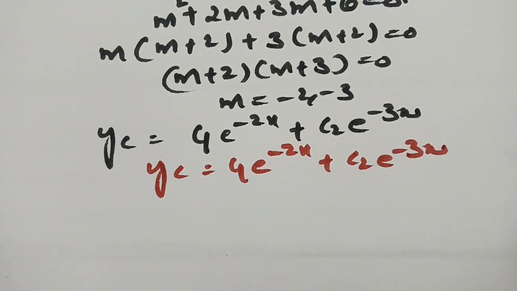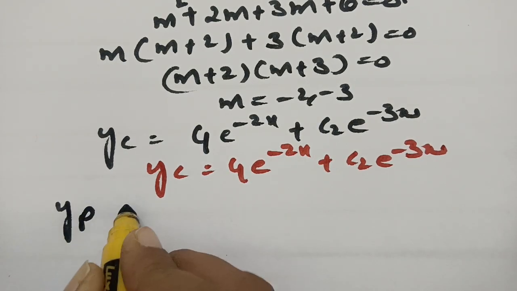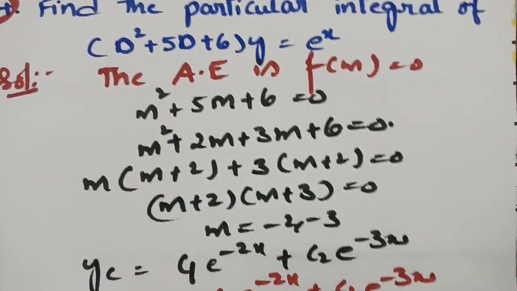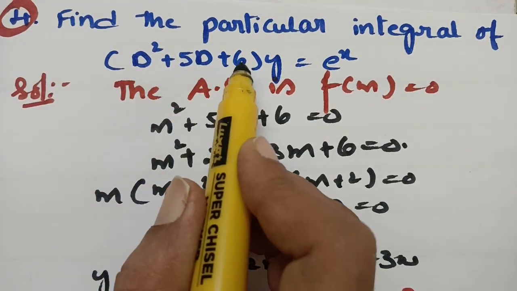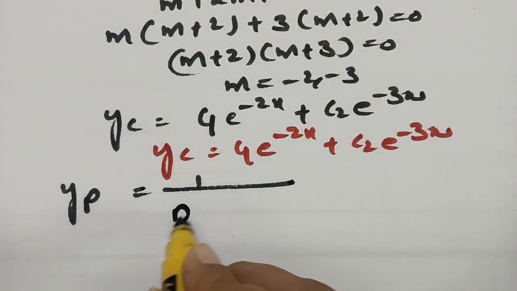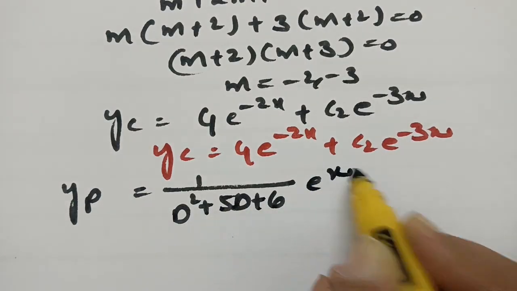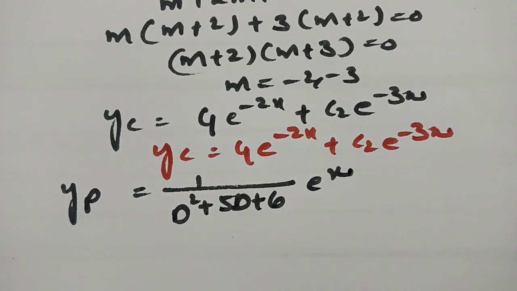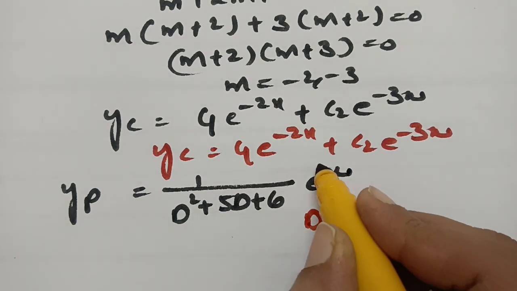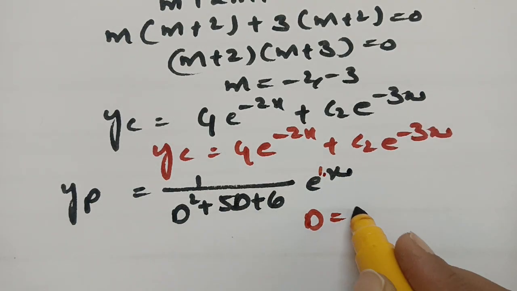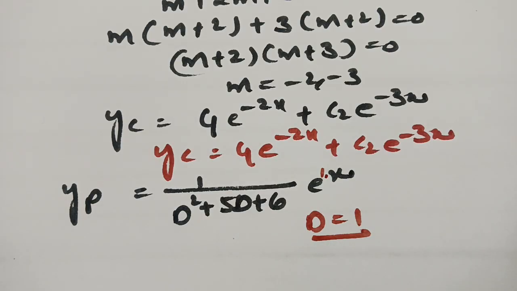And here with the particular integral, for particular integral it is 1 by f of d. So what is f of d here? D square plus 5d plus 6 into e power x. So we have to substitute the quotient of x here, that is d is equal to 1. So we have to keep d is equal to 1 in this equation.